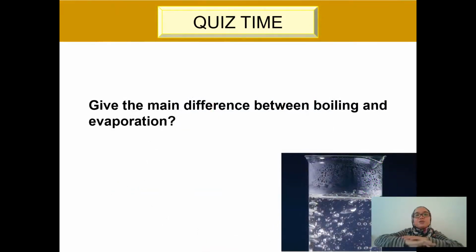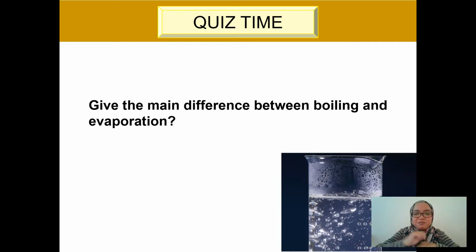Okay, so now it's quiz time. So this you have to answer in the comment section below. Okay, so give the main difference between boiling and evaporation. Okay, what is the main difference? Oops, sorry, salah type. Guys, sorry.